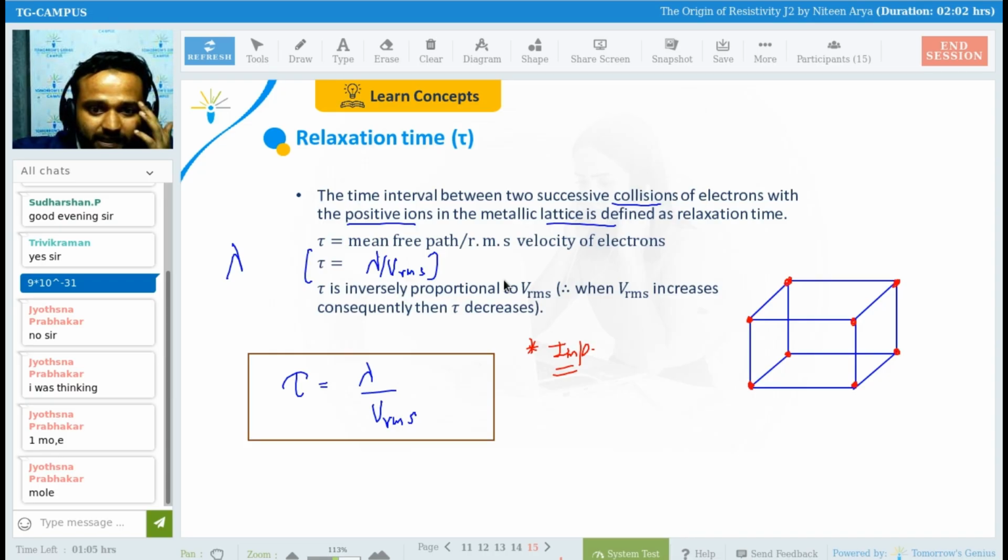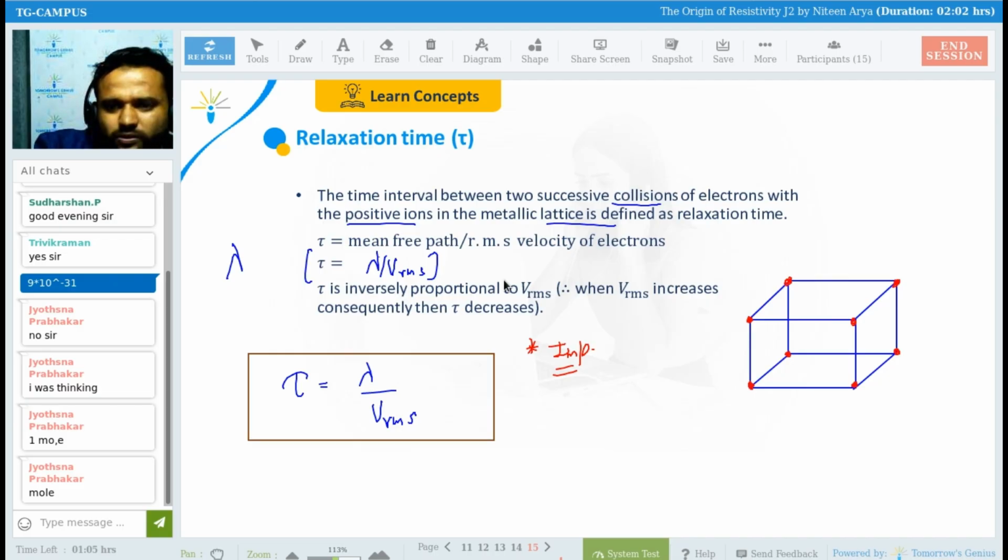Mean free path is RT upon root 2 pi d square NA P, where P is pressure, and mean free path is also 1 by root 2 pi d square n.